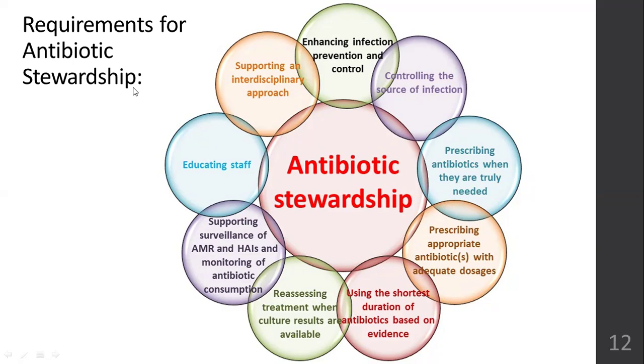Reassessing the treatment when culture results are available, because sometimes you may have to change the antibiotics. The antibiotic that you're giving is taking care of a particular strain of bacteria, but it may not be working on another strain of bacteria which has also infected the patient. So once you get the second list of results from the laboratory, you have to reanalyze your antibiotic choice.